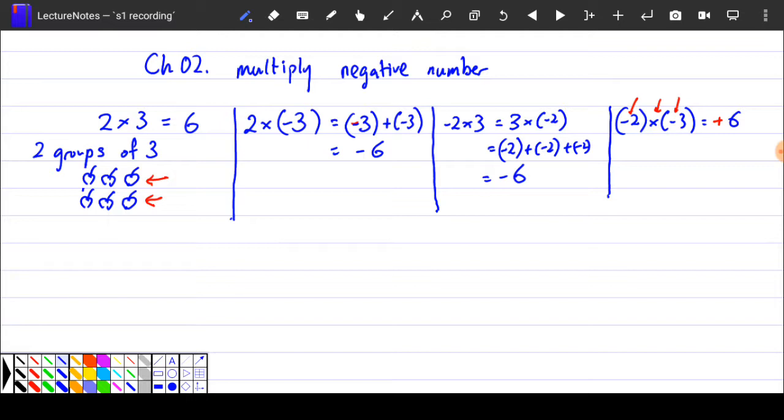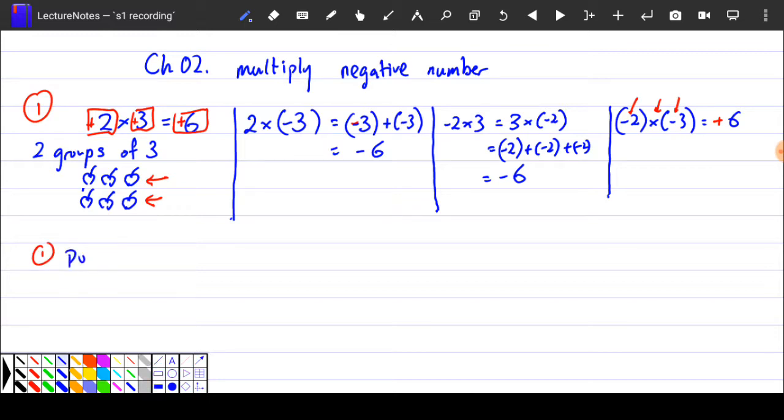Now let's do some pattern recognition here. The first scenario, we have a positive number multiplied by a positive number, and we get a positive number. So I can write this down actually.